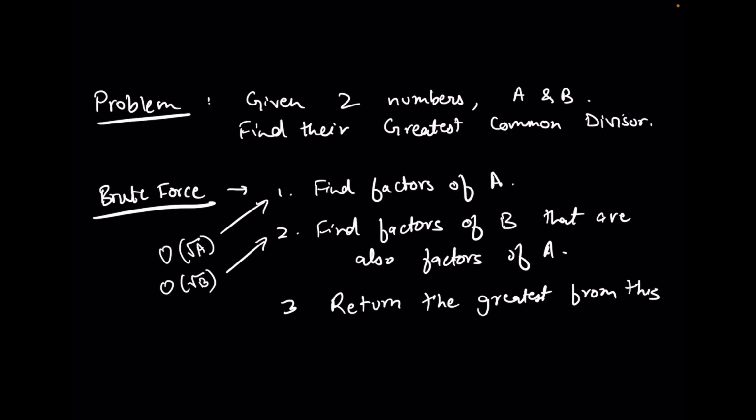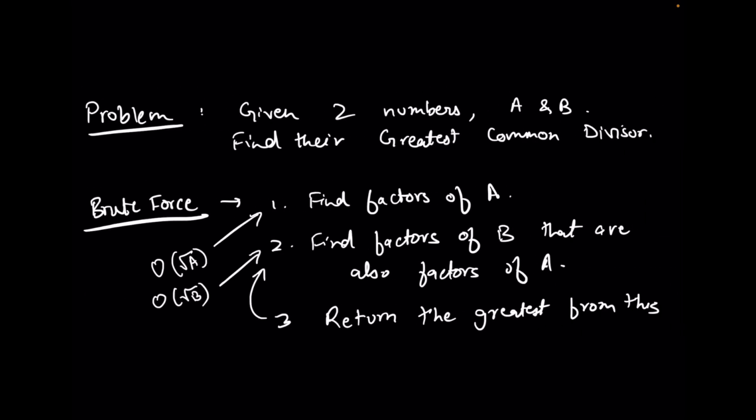Now the third step can be clubbed with the second step because we can just maintain a variable that keeps track of the greatest factor that we've seen till now, which is common to both A and B, and keep updating that variable in step 2 itself.